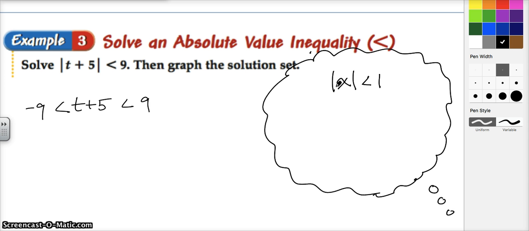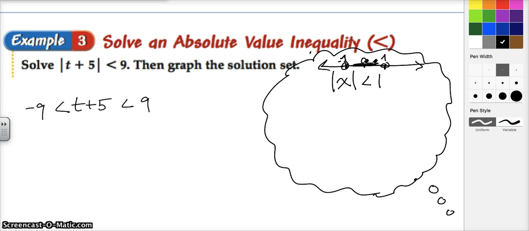If the absolute value of x is less than 1, I'm thinking about the number line and I'm thinking, what are all the possible values that x could be? If this is 0 and this is 1 and this is negative 1, the answers that I want are all going to be between negative 1 and 1.